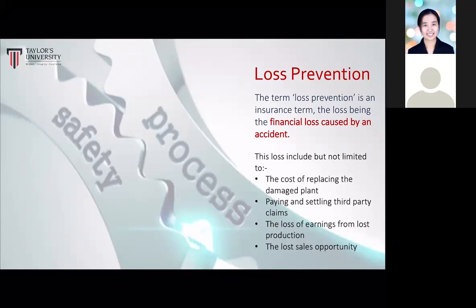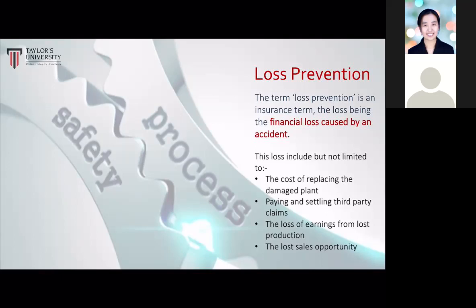So the loss includes the cost of replacing the damaged plants, and also if there are any insurance claims, if there's any lawsuit, then the company will have to pay. As I gave you the example just now, when there is an explosion, it's not just the plant itself, but the buildings, the houses, the properties around them, or even people's lives.